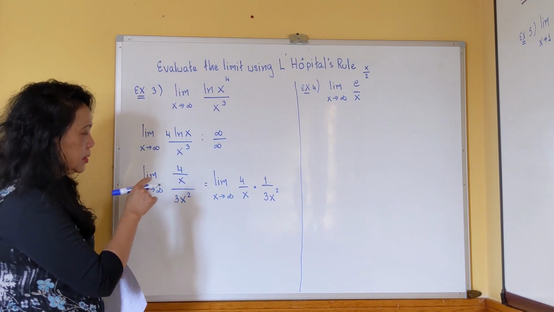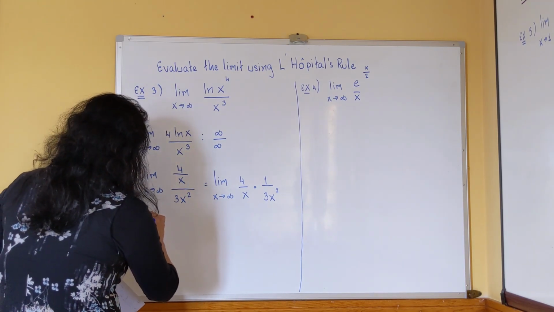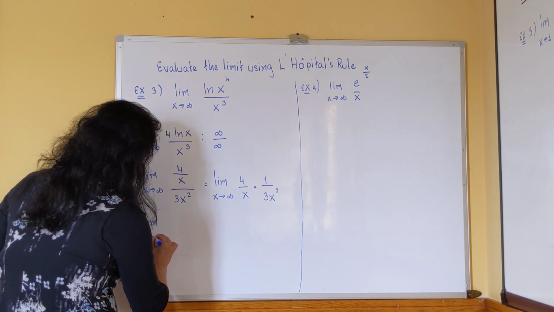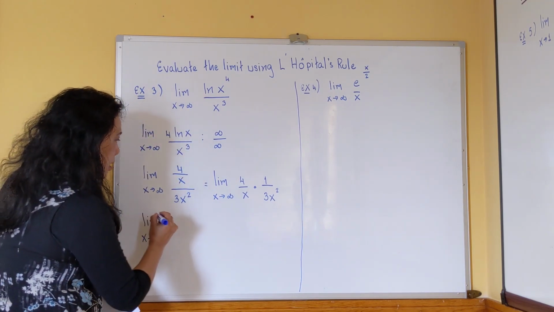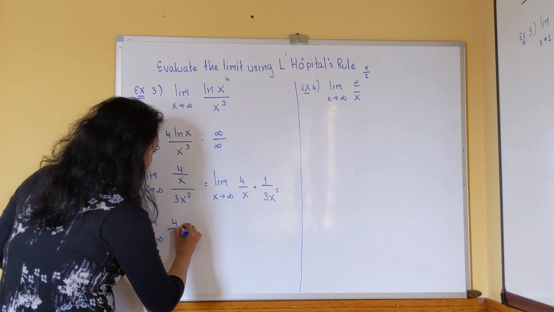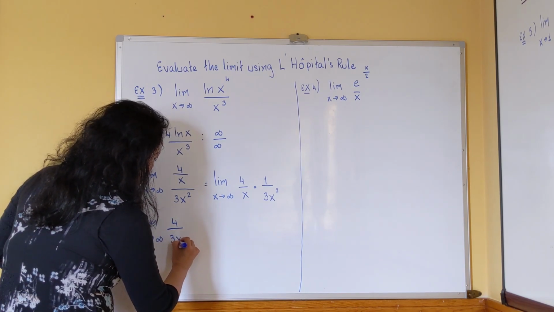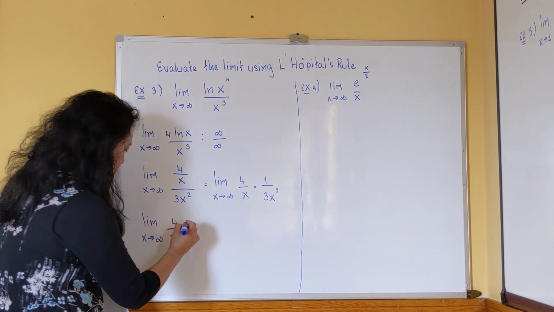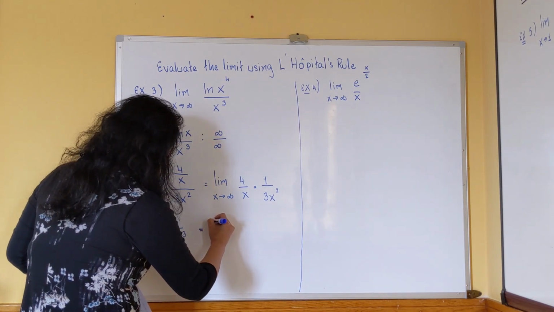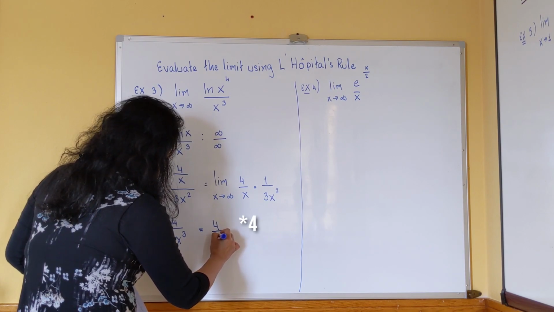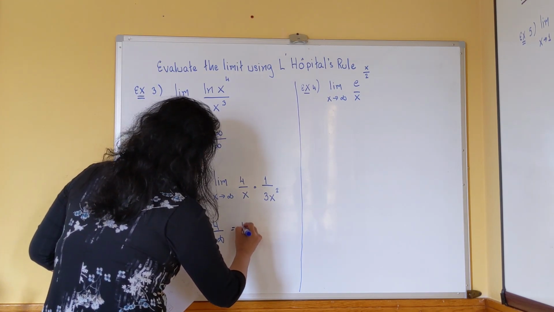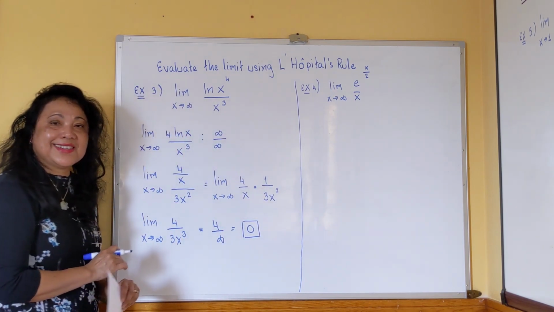Simplifying, that is the limit as x approaches infinity of 4 over 3x cubed. Now as x goes to infinity, you're going to have 4 divided by infinity, which is 0. That would be the answer.